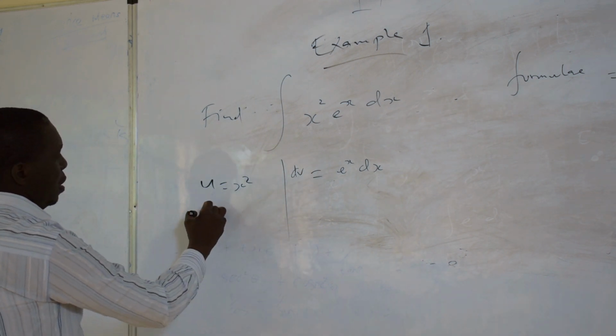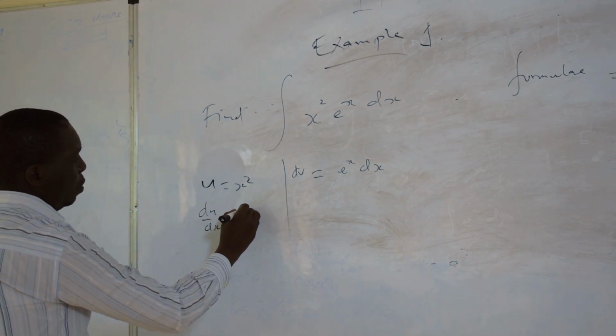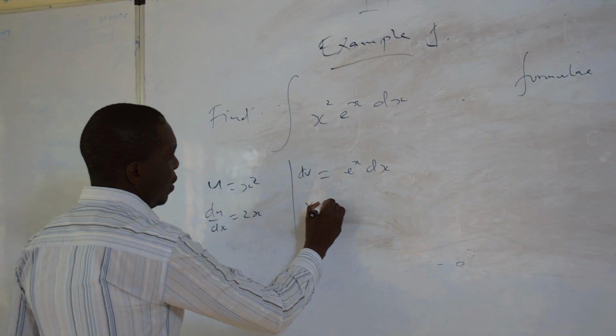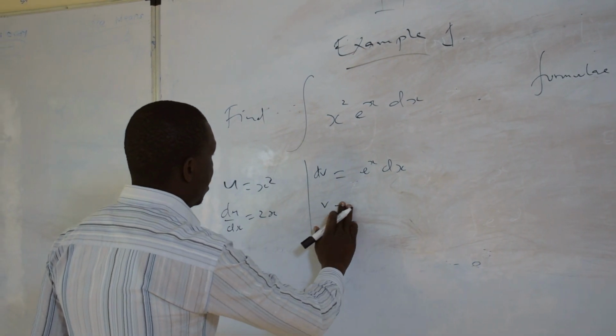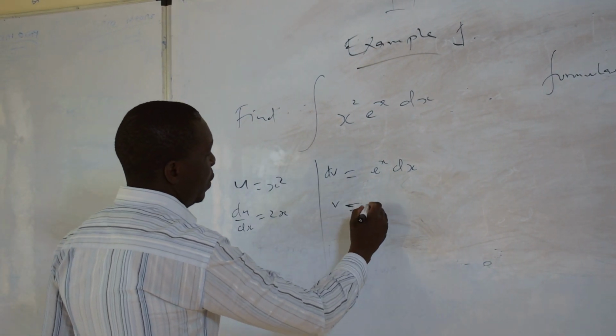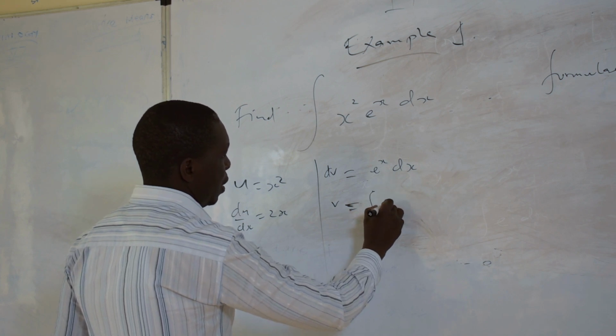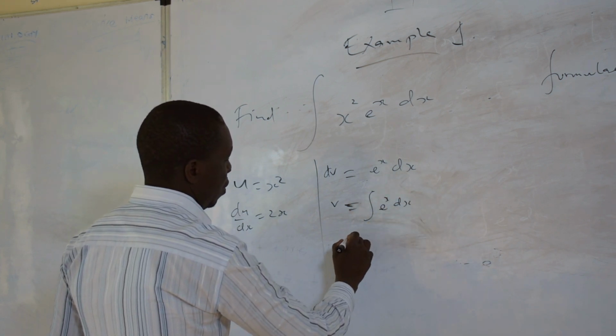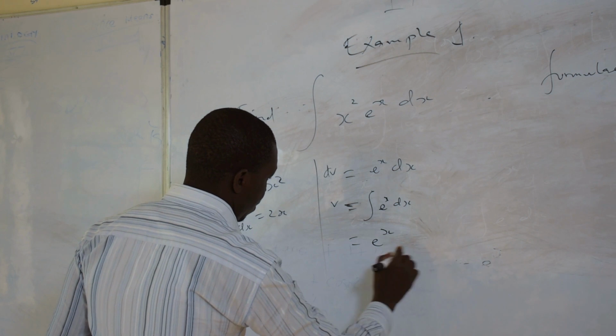Now du/dx is 2x, and v will be the integral of e to the x dx, which is e to the x.